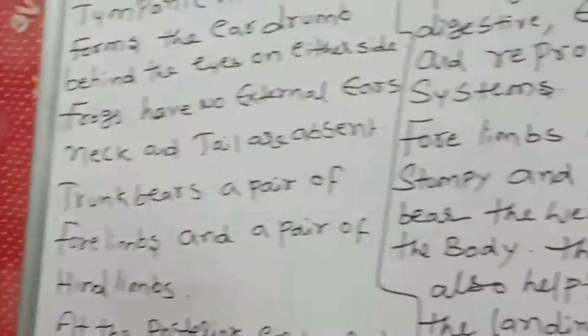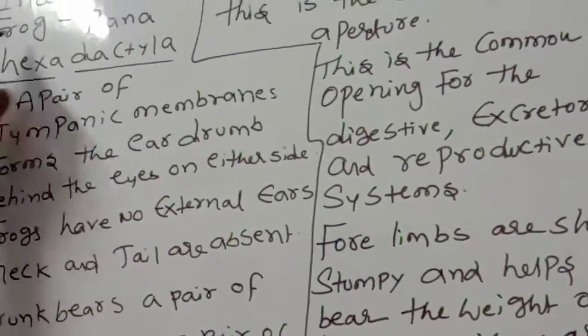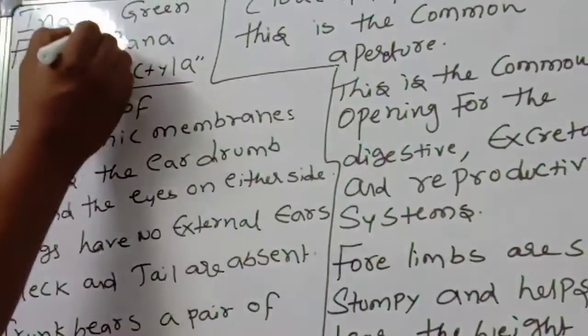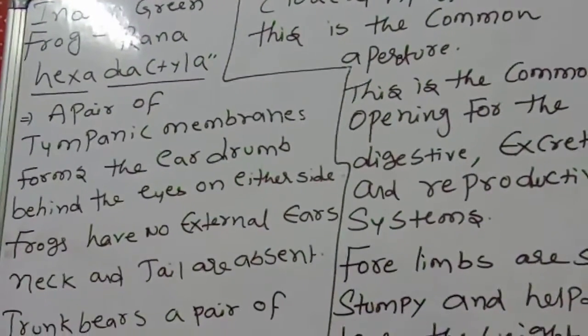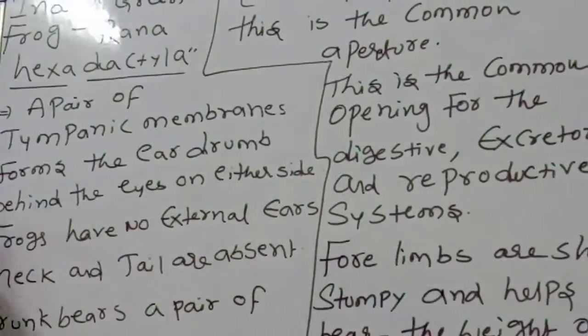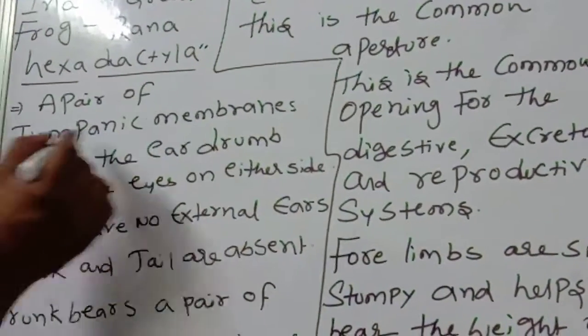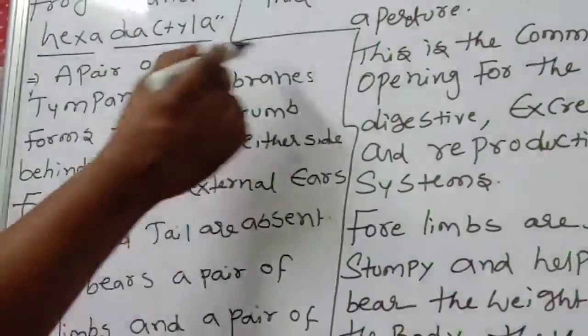Next, observe carefully. We are discussing the Indian green frog, Rana hexadactyla. Rana tigrina is also there. A pair of tympanic membranes is very important.